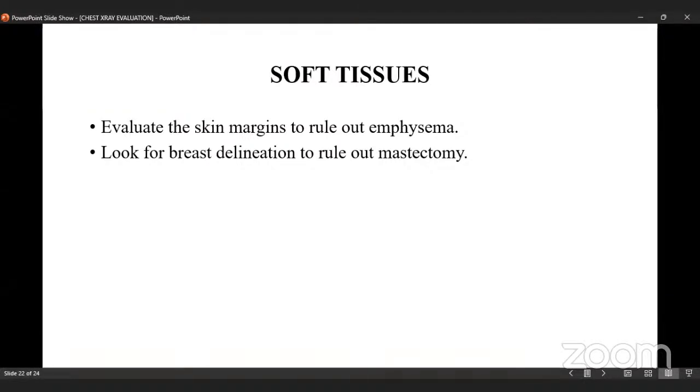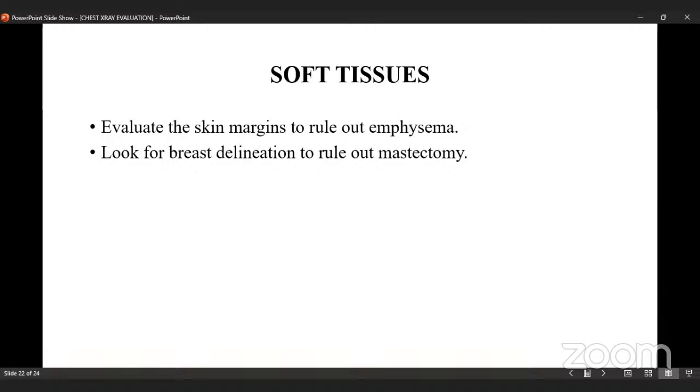All right. And also in a female chest radiograph, you can see the breast at the base of the lungs. So you assess all those areas to see whether the patient has had a mastectomy before or not.